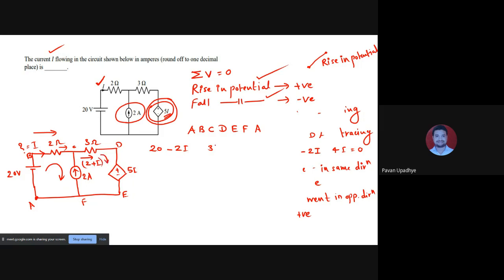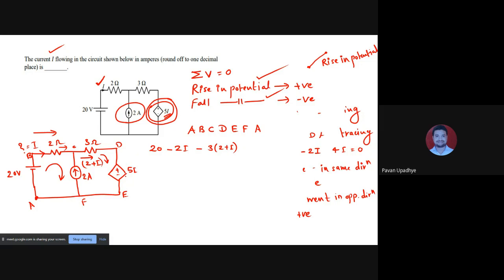So 3 into (2 plus I) is the voltage drop across 3 ohm, and because the current 2 plus I and we are moving in the same direction, both from C to D, it should be written minus.